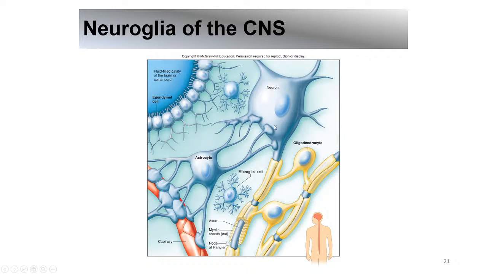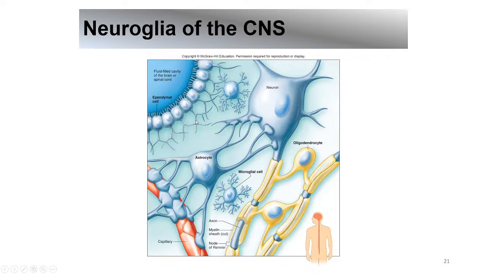And they reach out, they surround the neurosomas. They also, in some regions of the brain, will surround blood vessels, and the pedicels of the astrocytes together form part of the blood-brain barrier, which regulates what can get into the cerebrospinal fluid, what can get into the tissue fluid in the brain.